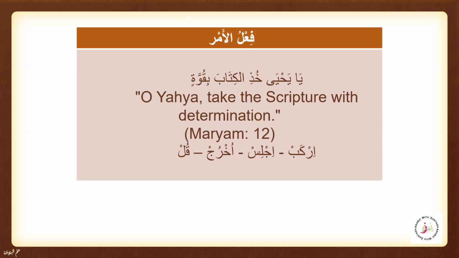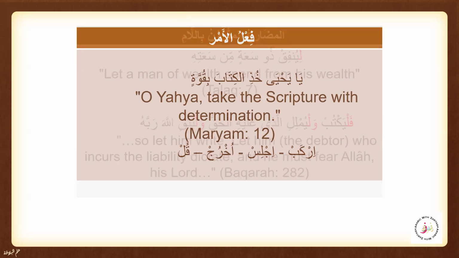And there are other forms. You can see the examples اركب, اجلس, اخرج, قل, from قال يقول قل. So these are all made from the فعل مضارع. And you know that this فعل أمر is the most common form used in the Quran.